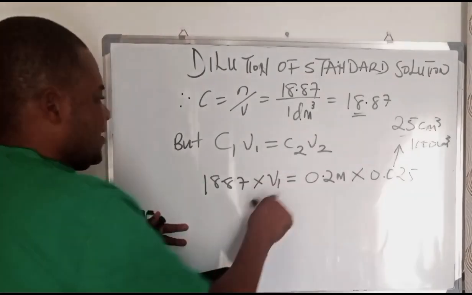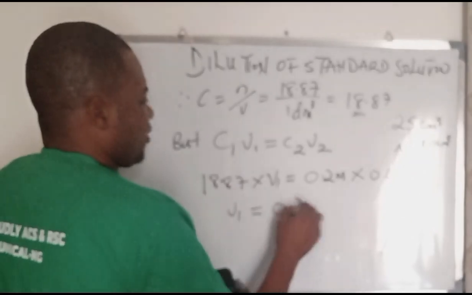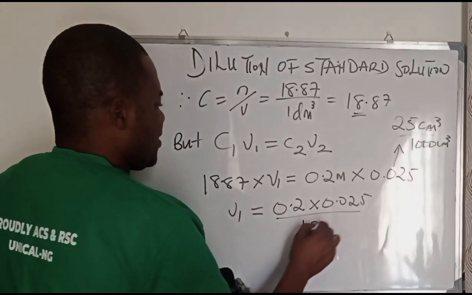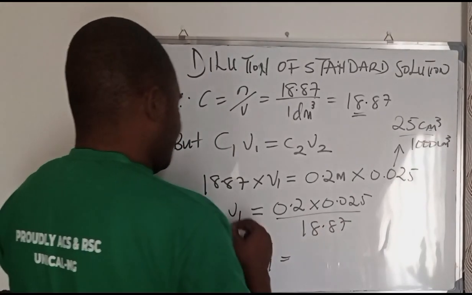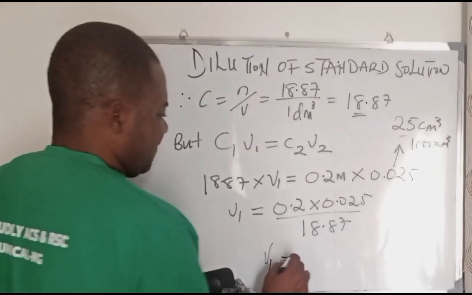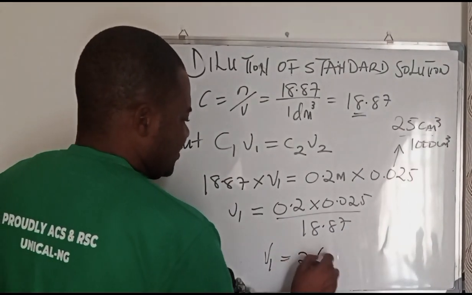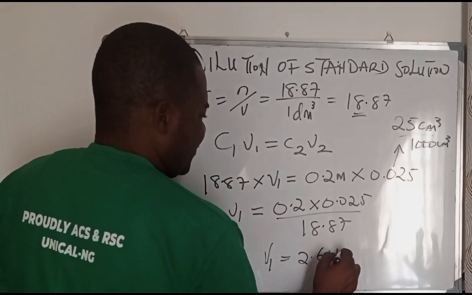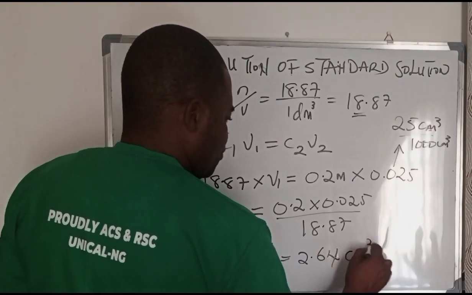Okay, now with this, therefore V1 will be equals to this all over this, 0.2 molar times 0.025 all over 18.87. So your V1 will be equals to what? When you divide this by this, you have 2.4 cubic centimeter.